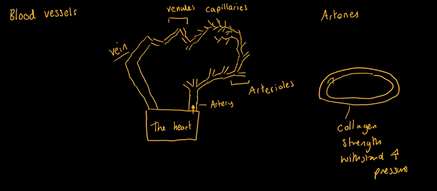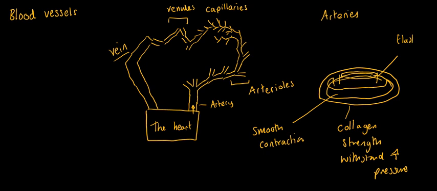So drawing this round like so, this is our smooth muscle, and this is going to be needed for contraction, so for the arteries to be able to contract and squeeze. Then above this layer, you're going to have the next layer, which is going to be your elastic tissue, and that is going to allow for the arterial wall to stretch.